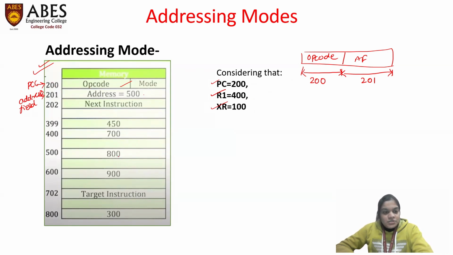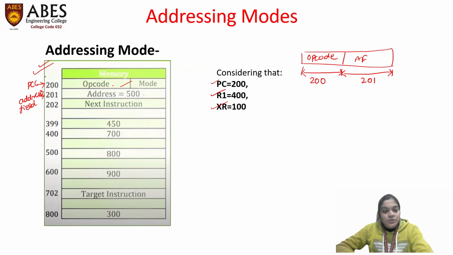and further instructions are being given over here. Now let me make one thing very clear over here so that you can understand the numericals further clearly. Since we have a program counter at location 200, the opcode is fetched.